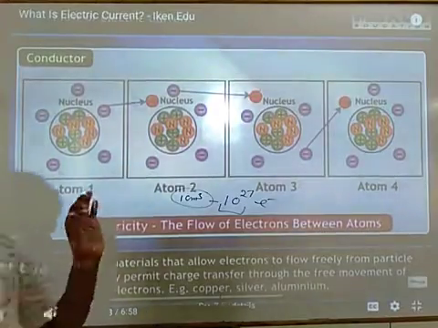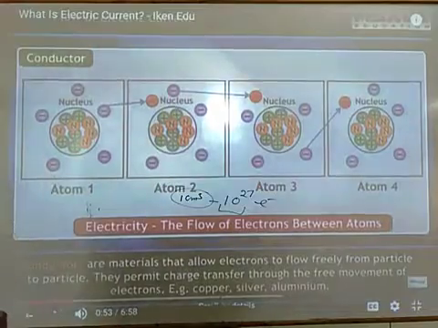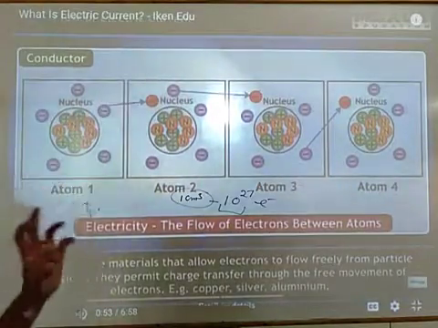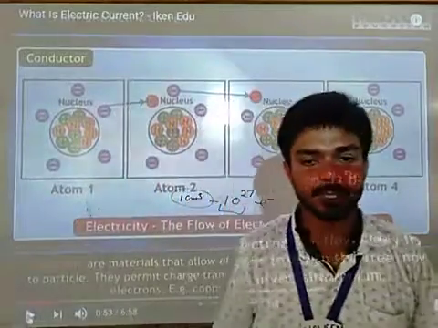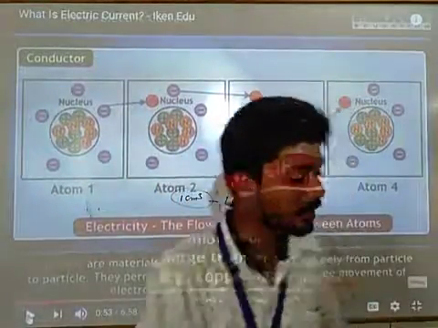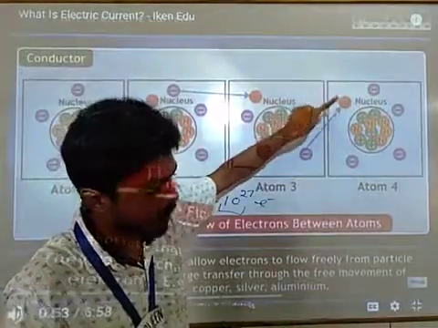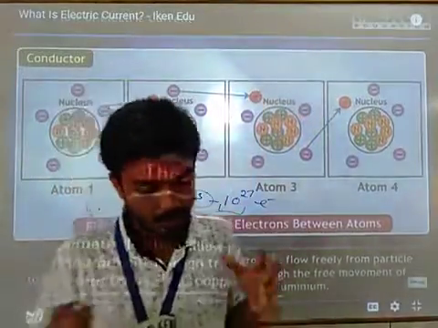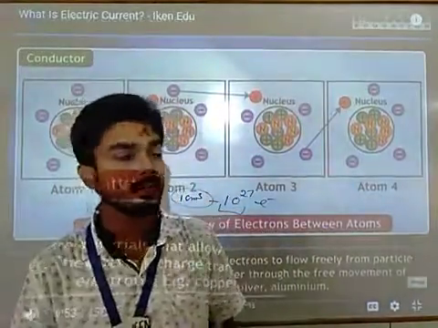There are some atoms around which the electrons are very loosely bound, and a conductor is a good example of that. In conductors, the revolving electrons are very loosely bound, and I think you all know about the valence electron or valence shell.